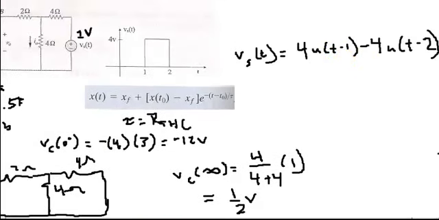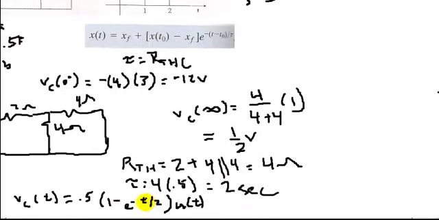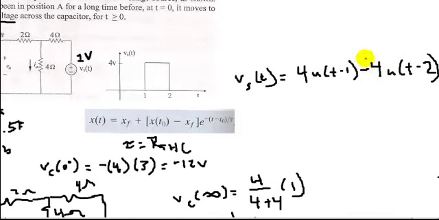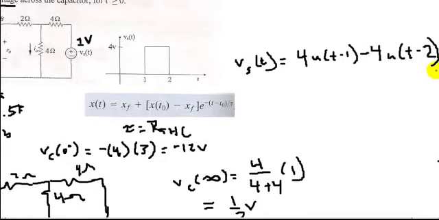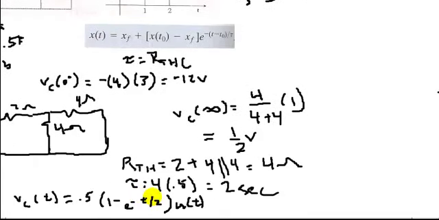We replace this t by t minus 1, and this t by t minus 1. And we multiply this value, minus 4, times this final value, and we also delay this by t minus 2. So we replace this t by t minus 2, and this t by t minus 2.